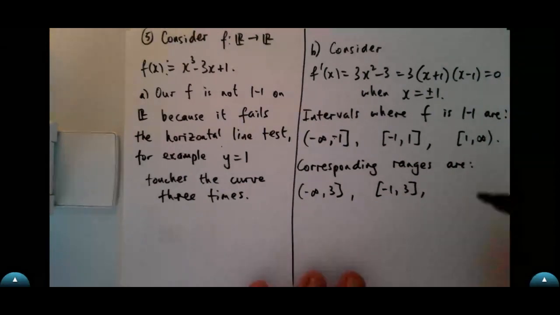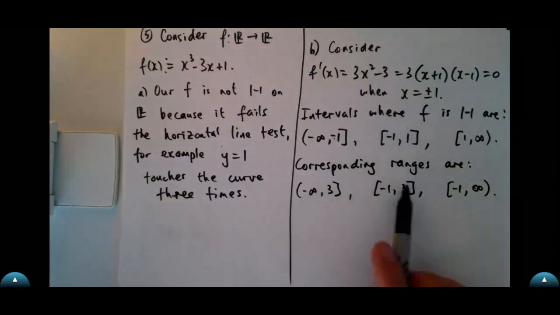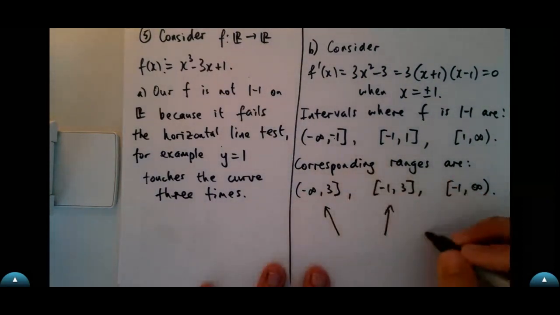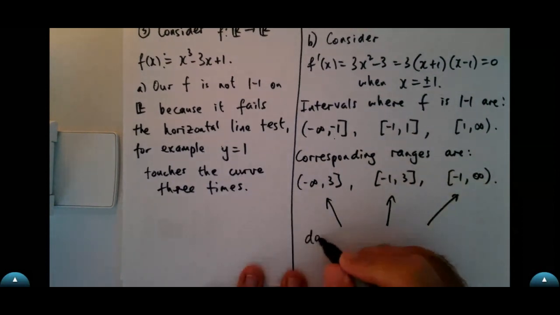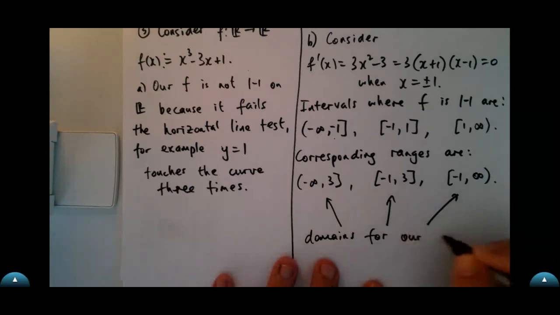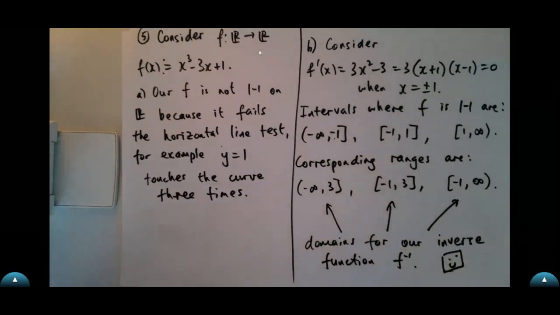And then it was -1 to positive infinity. Okay, these are going to be the respective domains for your inverse function. Okay, so phew, it's a lot of work. Okay, probably because you need to split things up.